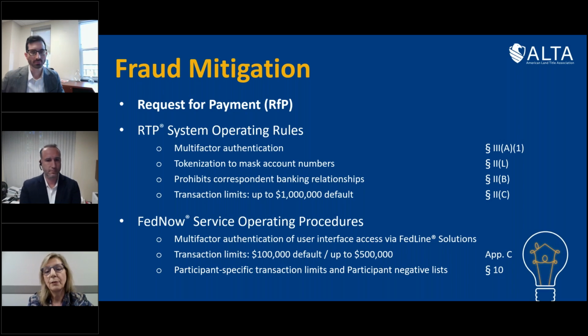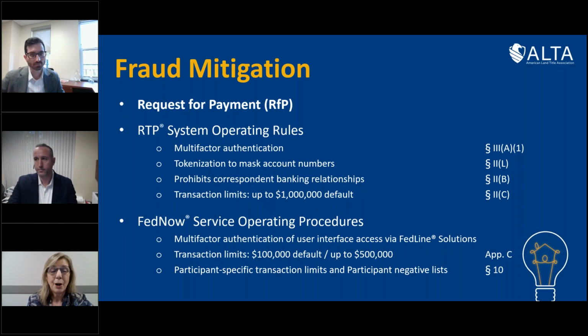This prevents account information from being inadvertently used or hacked by fraudsters. You may have some experience of tokenization on other popular payment apps like Venmo, which do not require you to key in the bank account or routing number of the person that you want to send money to. Of course, both systems require the use of multi-factor authentication to access the payment platform.